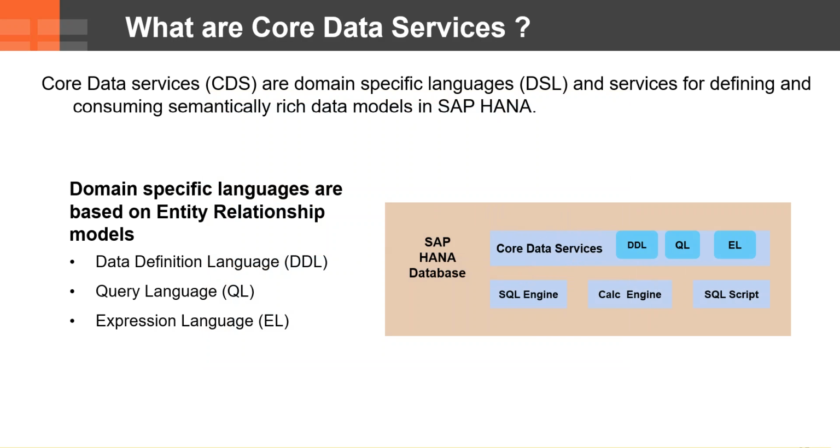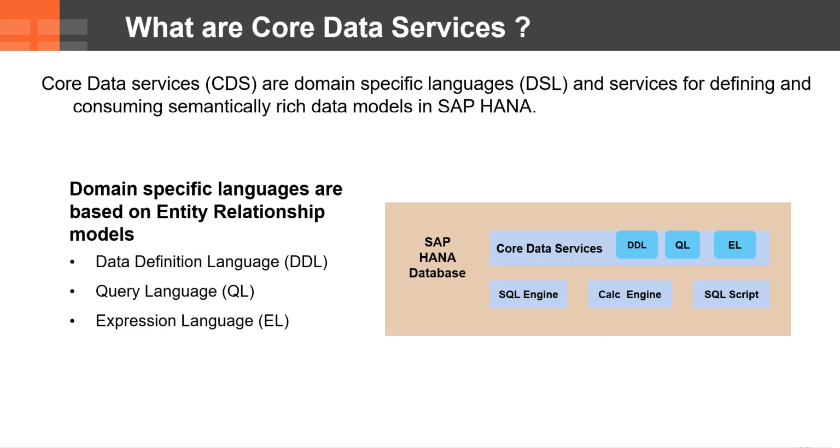There are two types of core data services: HANA CDS and ABAP CDS. HANA CDS views will be used to create HANA artifacts. When you create a table in HANA Studio, you will have extensions like .hdbtable, .hdbschema, and .hdbdd, the HANA data dictionary extension.